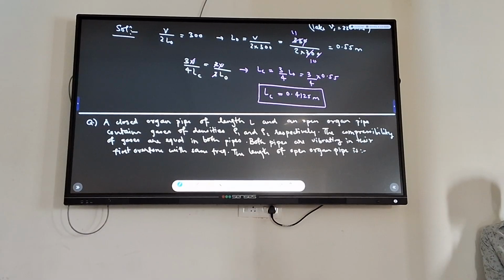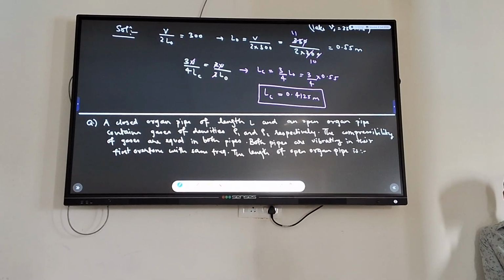Everyone knows what compressibility is? Do you know or should I tell you? It's just the reciprocal of bulk modulus. Compressibility is 1 by bulk modulus.